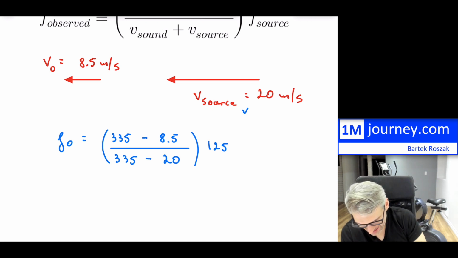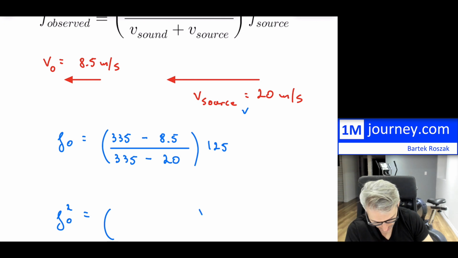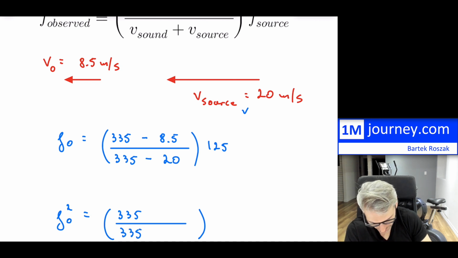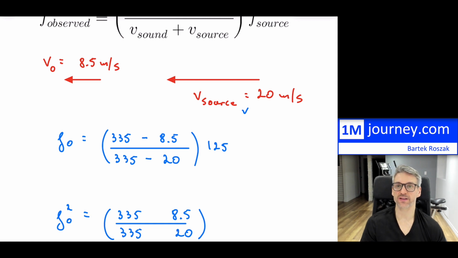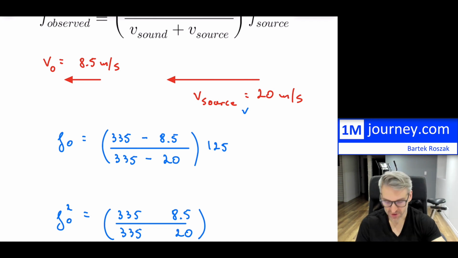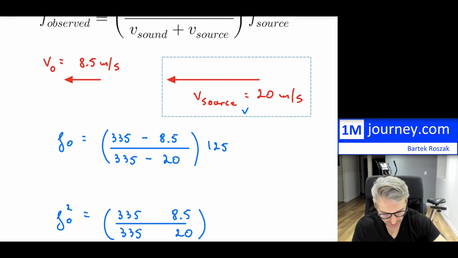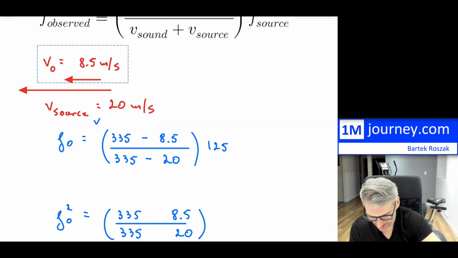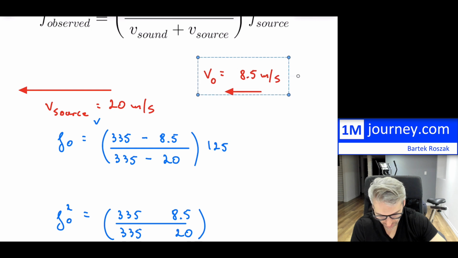Now the second one, f0 with a 2. Let me rewrite all of these right here. This is 335, 8.5, and 20. Now if it passes by the actual observer, this would have been in the front, and let's say it passed it by, and now the observer is chasing it from behind.